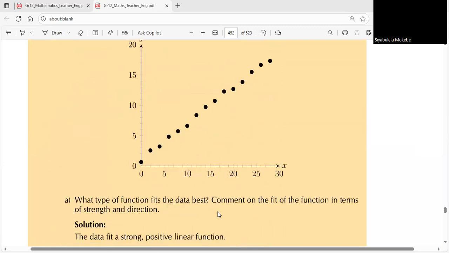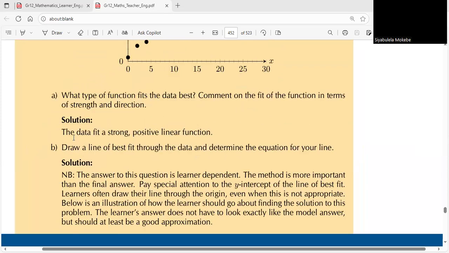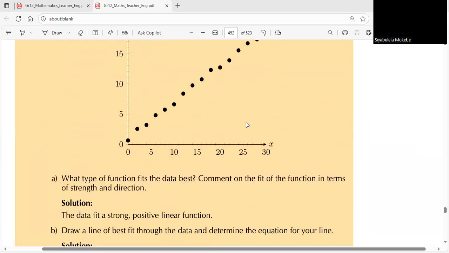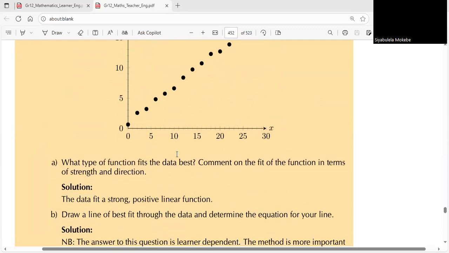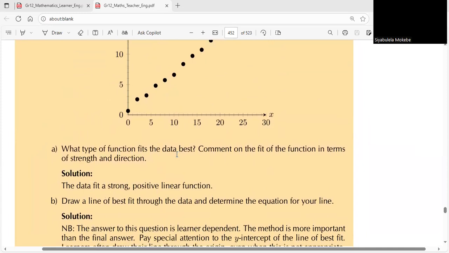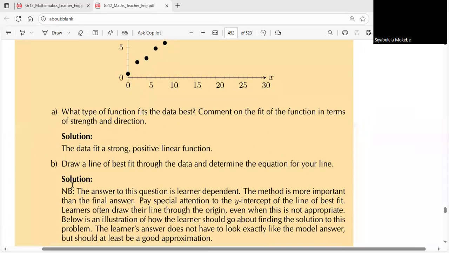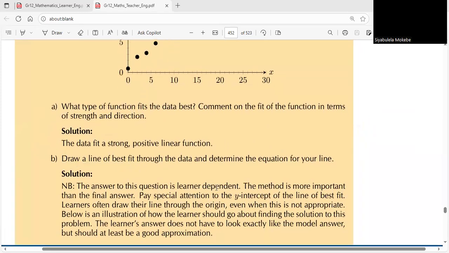All right. Then for number 2, the data fits a strong positive linear function. Then draw a line of best fit. What is important here is that the method is more important than the final answer.